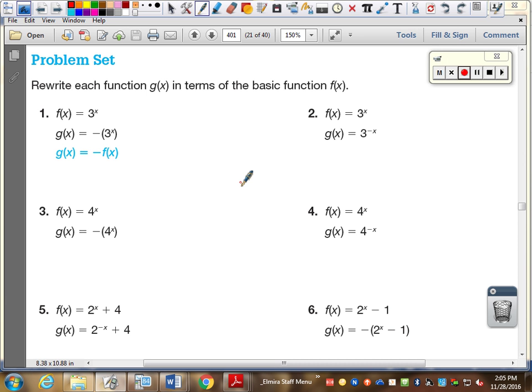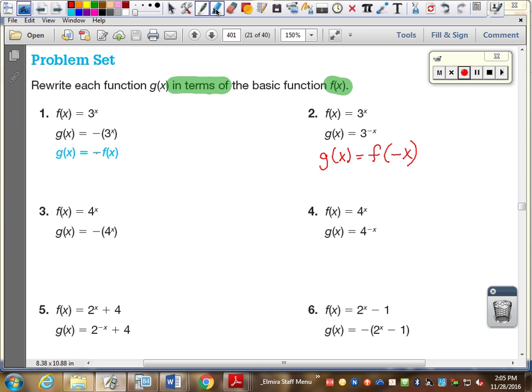In the first section, you're going to answer in one of two ways. What you're doing is writing things in terms of f of x. So you're either writing g of x equals negative f of x, or you're writing g of x equals f of negative x.